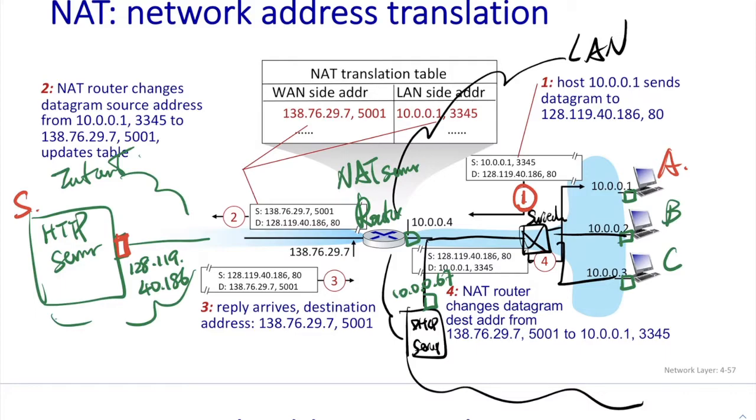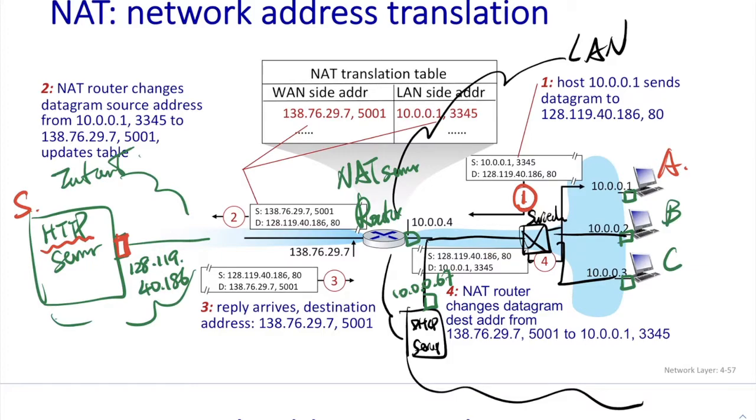And it would like to talk to an HTTP server right here on the internet. The HTTP server of course has a network interface card, and there is an IP address which is 128.119.40.186.